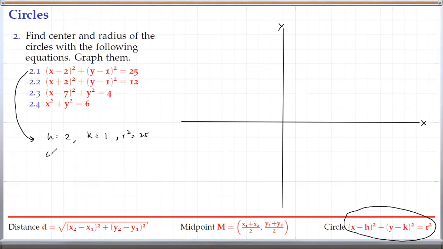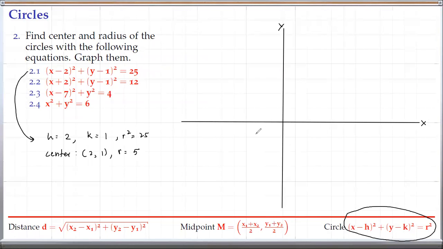So that means the center is 2, 1, because we said the center is h, k, and the radius is the value of r, which is 5. Since r squared is 25, r must be 5. So we got the center and radius.